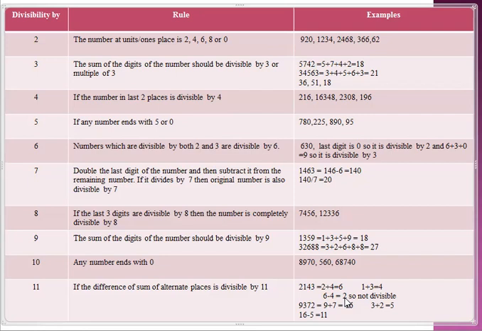So 2 doesn't come in the 11 table. Next, 9 plus 7 is 16 and 3 plus 2 is 5. 16 minus 5 is 11. So it is divisible by 11. So we get to know all these divisibility rules.